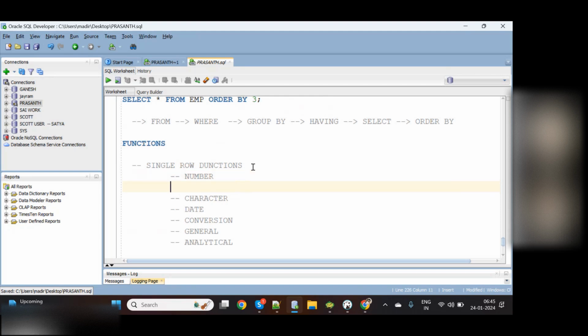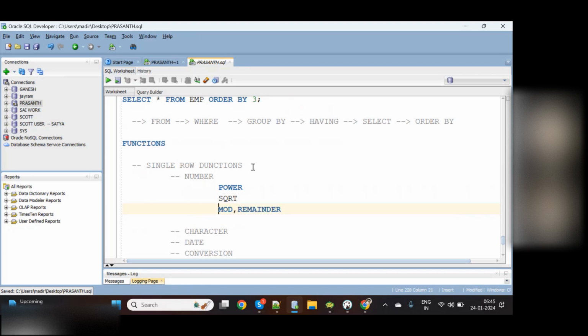So again, I will list out the number functions one by one, then we will see examples. Power function, square root, mod or remainder function.